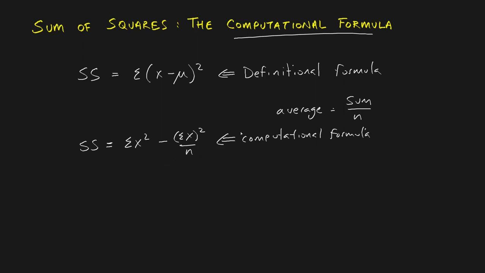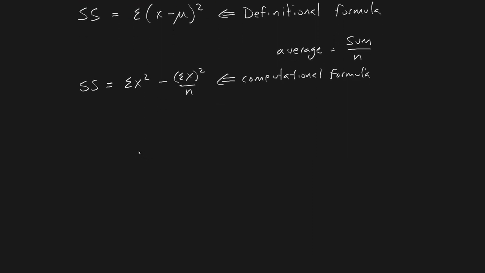I think the best way to illustrate this is to show you both formulas being used side by side. So I'm going to set up some data here. Let's work with some values that we've been working with in some other examples: 48, 49, 50, 51, and 52.